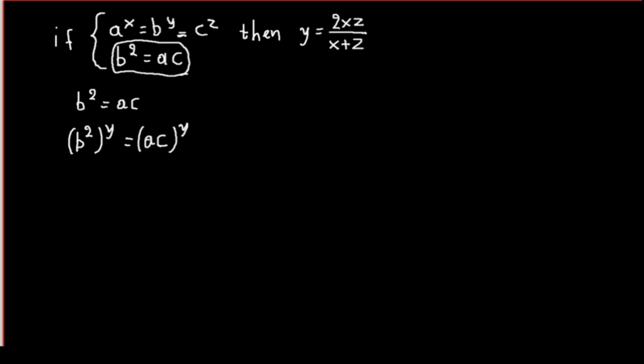From the laws of exponents, we have that a number a raised to the power m and all of this to the power n equals a to the power m times n, which equals a to the power n and all of this raised to power m.